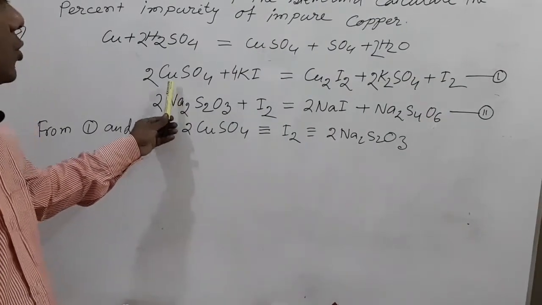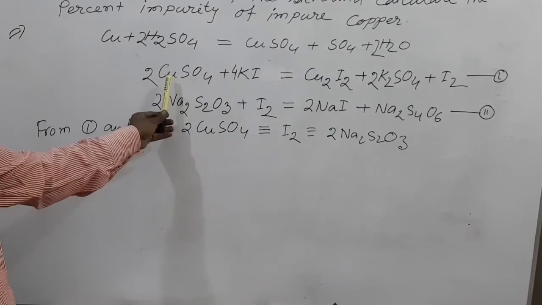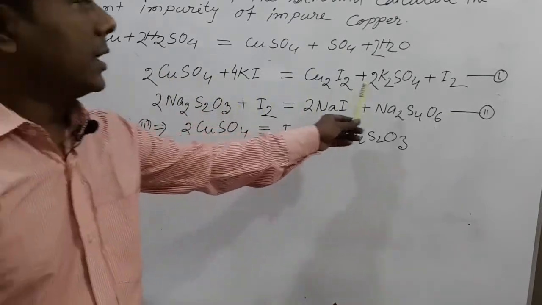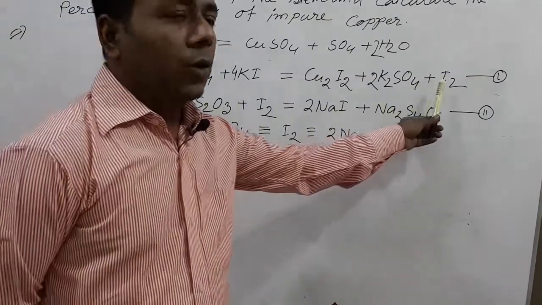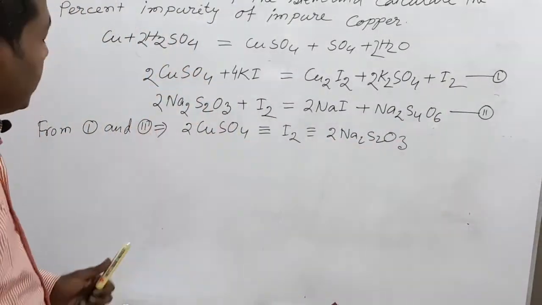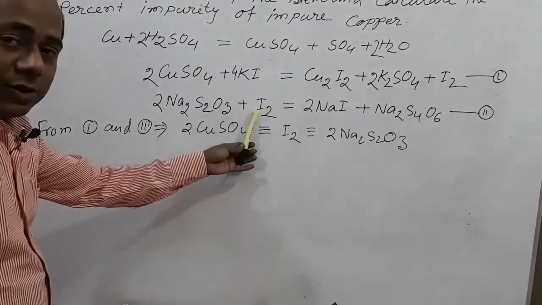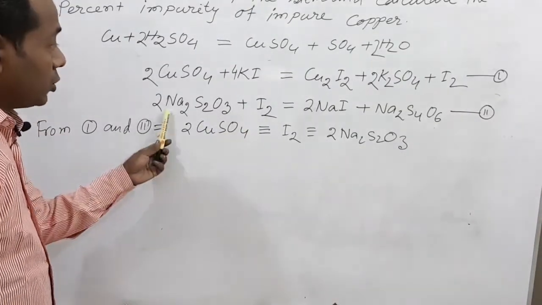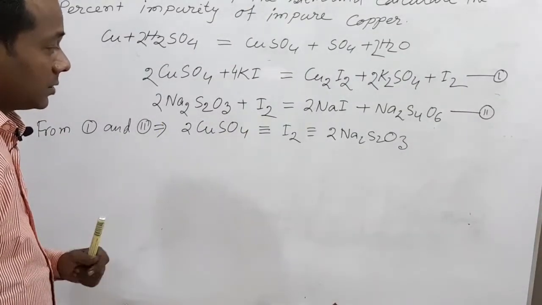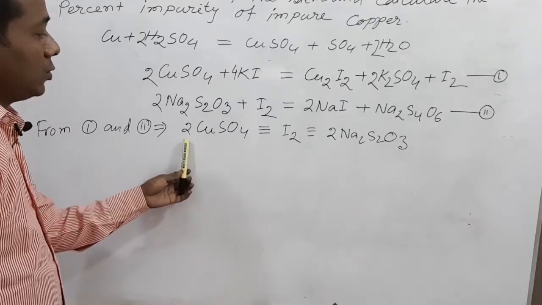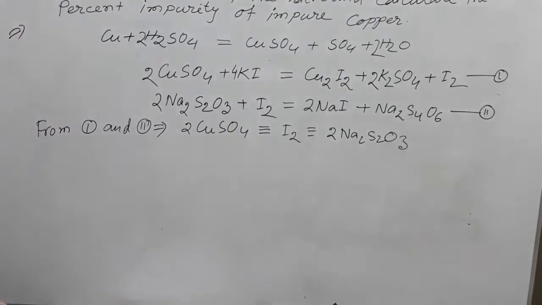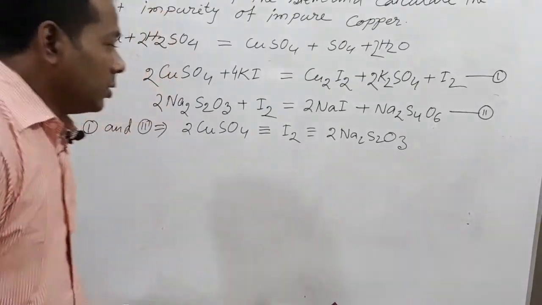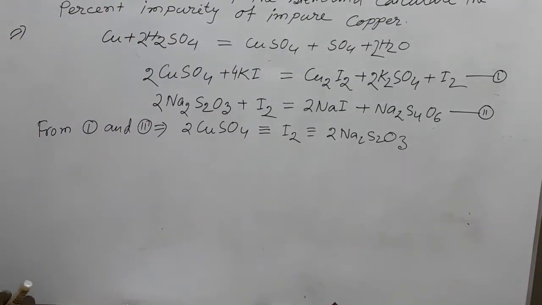Here 2 mole copper sulfate reacts with potassium iodide and we get 1 mole iodine, and 1 mole iodine reacts with 2 mole sodium thiosulfate solution, and that's why we write 2 copper sulfate is equivalent to I2, equivalent to 2 mole sodium thiosulfate.